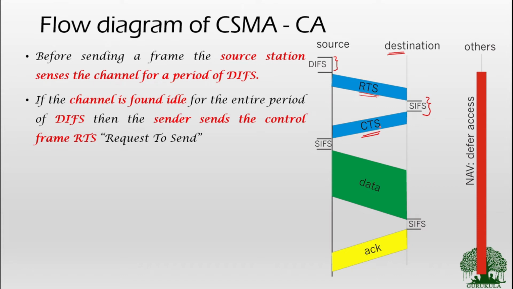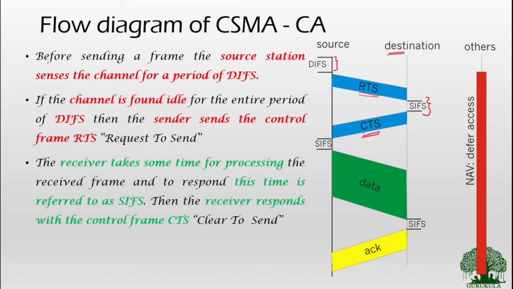Now coming to the CTS, CTS stands for clear to send, which means that the destination is saying to the source that I am ready to receive all the data, whatever you are going to send. In the meantime, from before the source station sends the RTS signal, all other stations are deferred from transmitting, or deferred from accessing the channel.